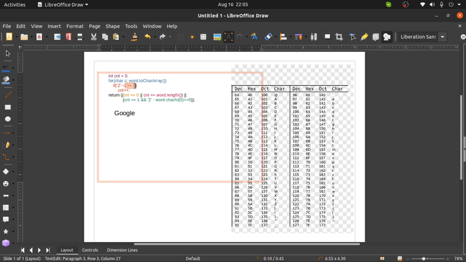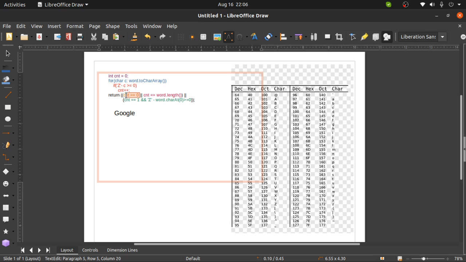So greater than or equal to 0, then I will increment my counter. I encounter one uppercase letter and I increment my counter, right?